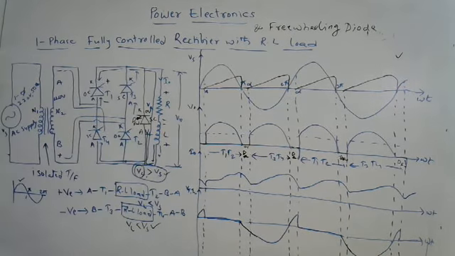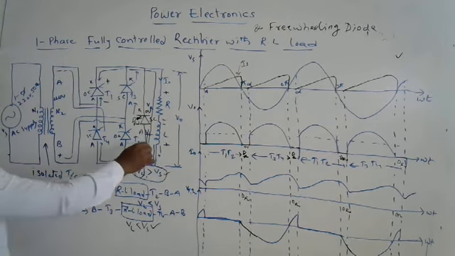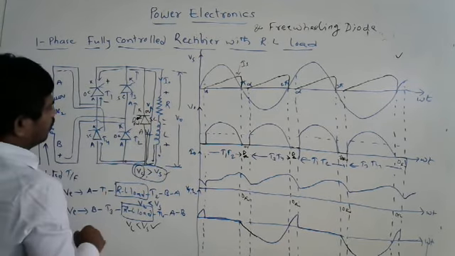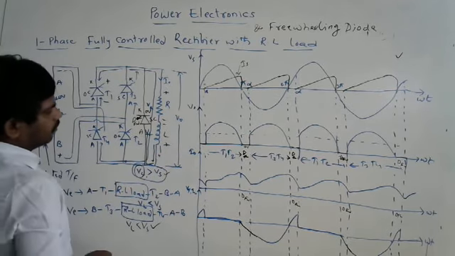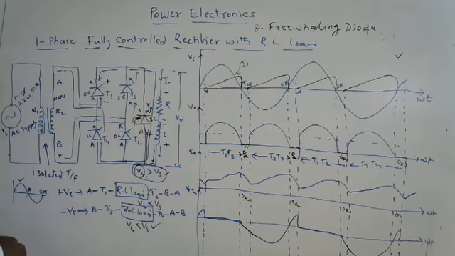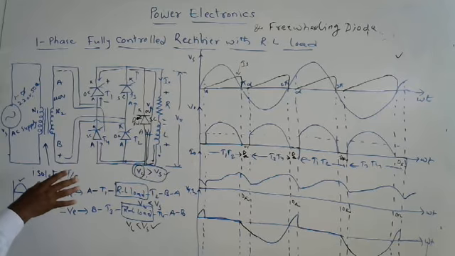One more piece of information is about the operation of the RL load. Simply, whenever you connect one freewheeling diode across the load for the RL load, then the entire operation it is giving is the fully controlled rectifier with R load.